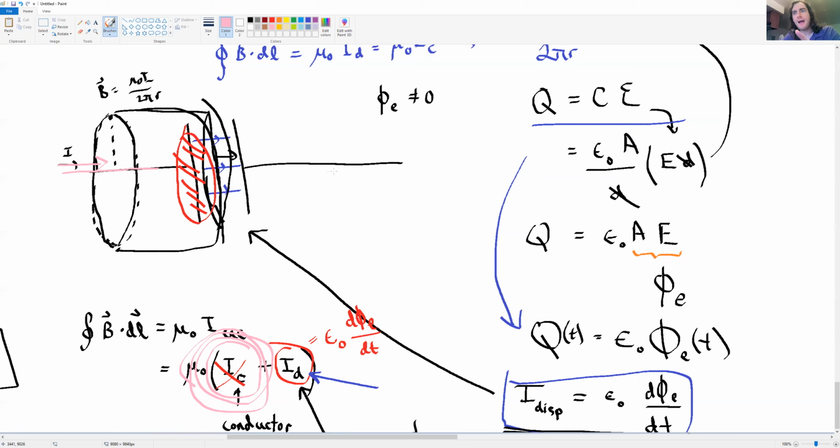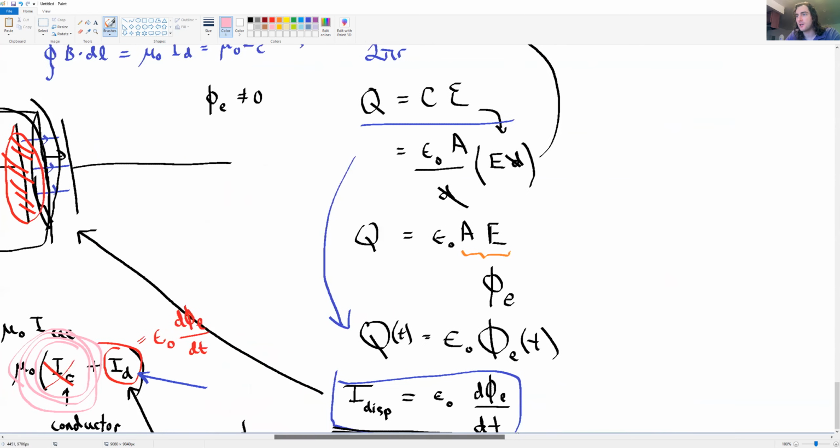So as a matter of fact, it's not necessarily that the displacement current is equal to the time rate of change of the electric flux. It's actually that the total current, even the conduction current, must be equal to this epsilon 0 d phi_E dt. And I'll let you guys do this.